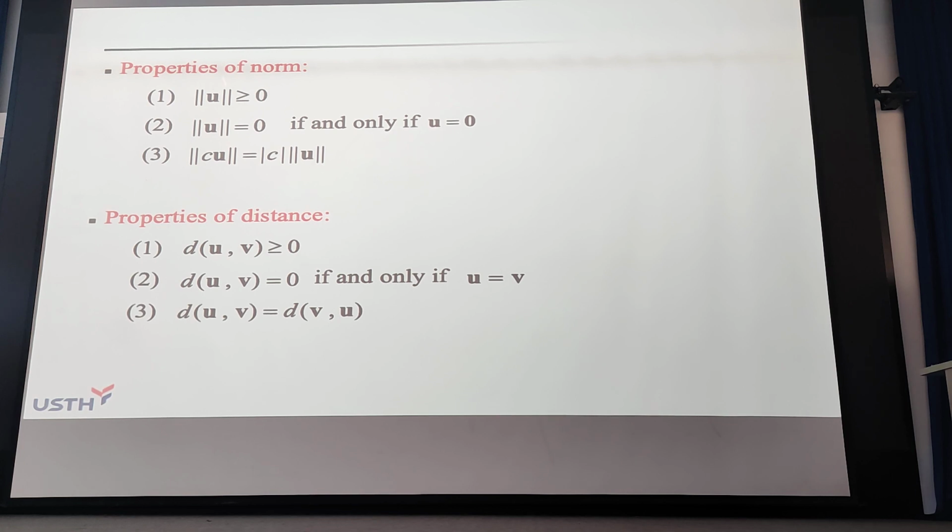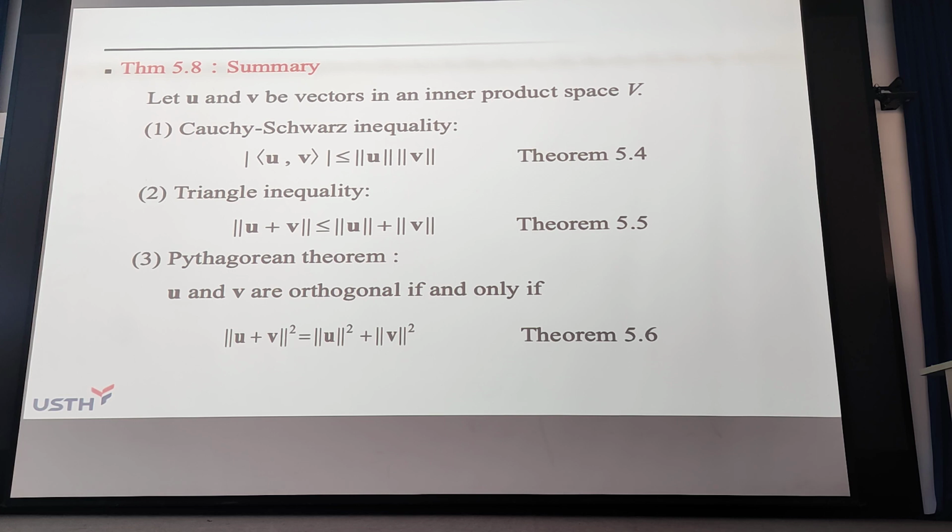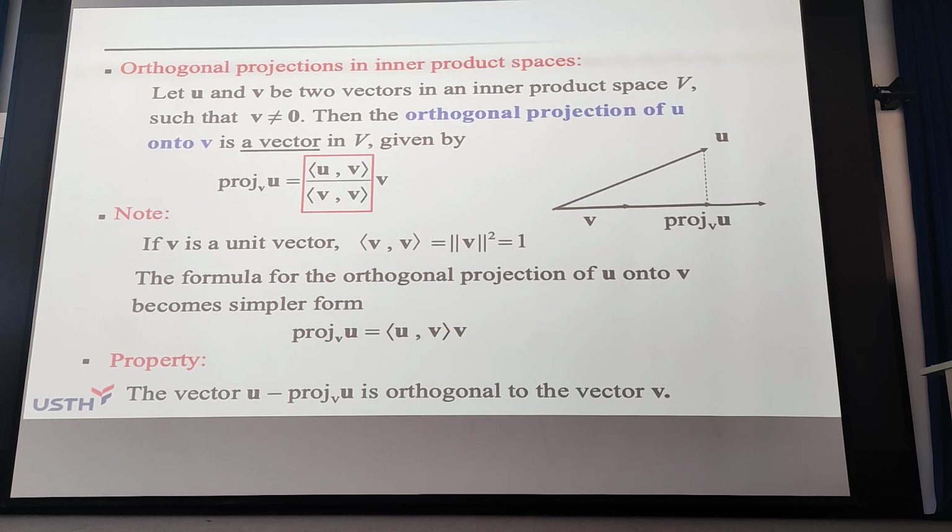And some properties of the norm and of distance are quite similar to the case of Euclidean space. And also we have the Cauchy-Schwarz inequality, the triangle inequality, and the Pythagorean theorem. Nothing new, we just follow the formula and we get everything like for Euclidean space.